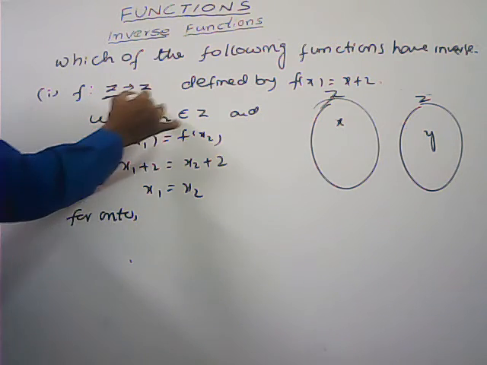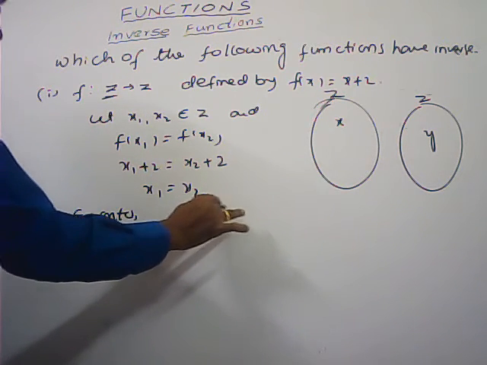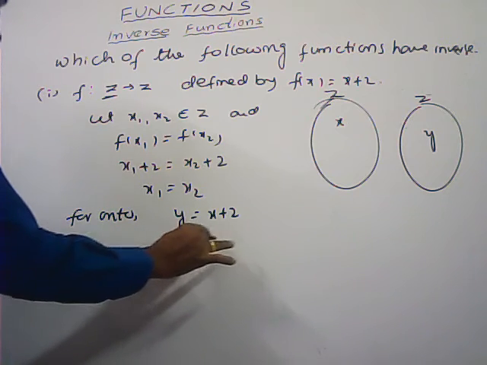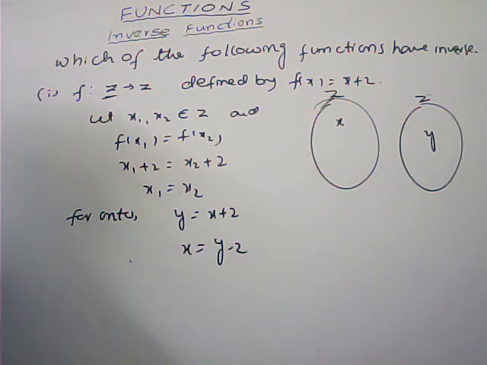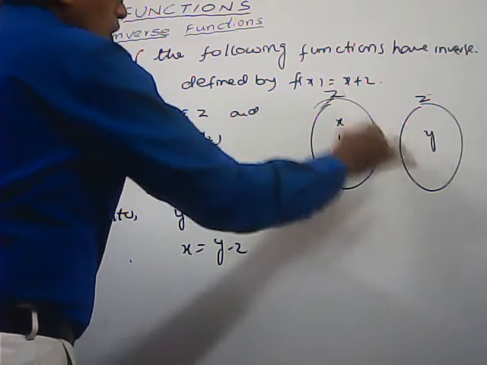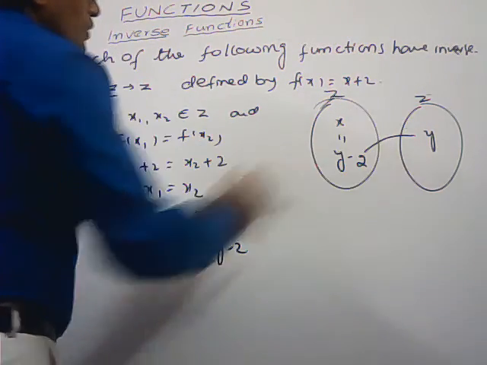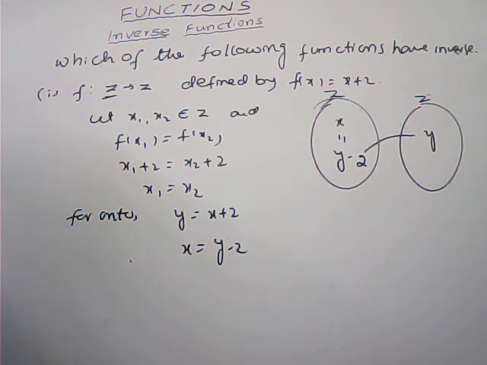Here let the given function be y equals x plus 2, and here you can make x as subject, x equals y minus 2. Now, what is the pre-image of y? That is x. x equals y minus 2 only. The pre-image of y is y minus 2.